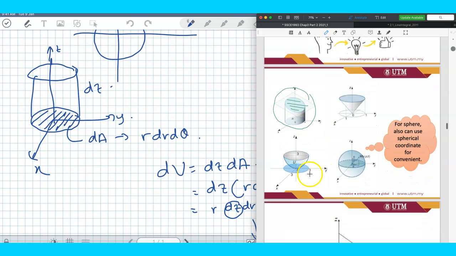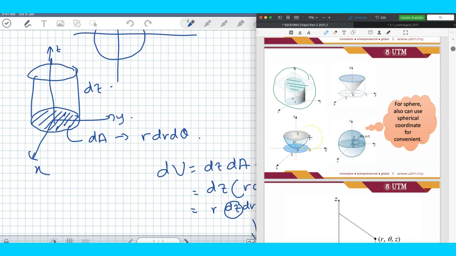Also, you have this one, where the solid is bounded by maybe a ball, and then bounded above by the plane z equal to 3. To evaluate the volume of this solid, it is possible to apply the cylindrical coordinate.